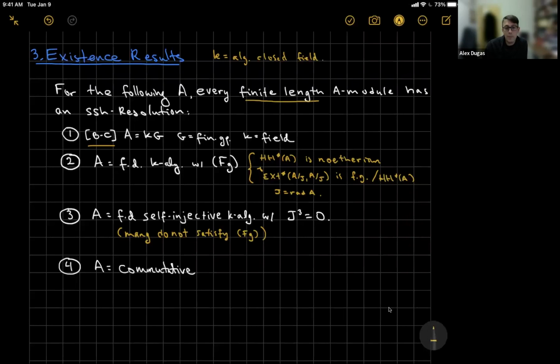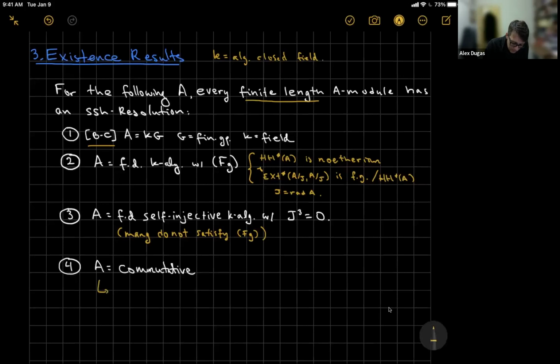And if we want to look at finitely generated modules instead, then in this case one restriction on the ring is necessary. If every finitely generated A module has an SSH resolution, it's pretty easy to see that A must be an isolated singularity.